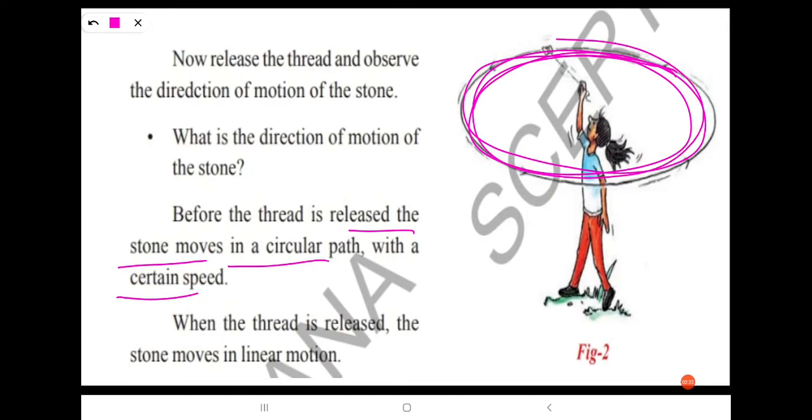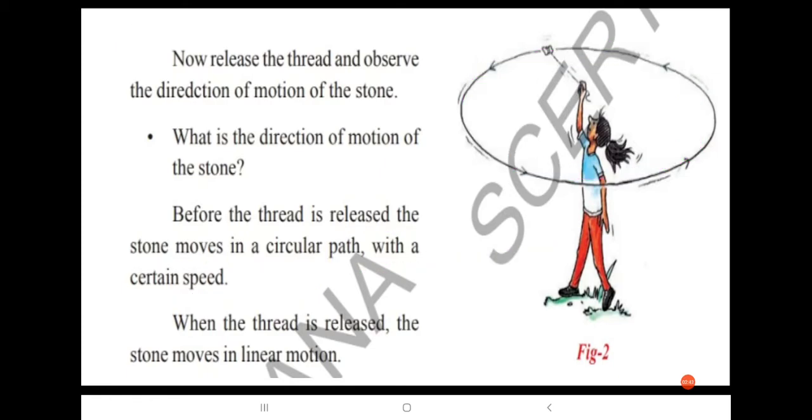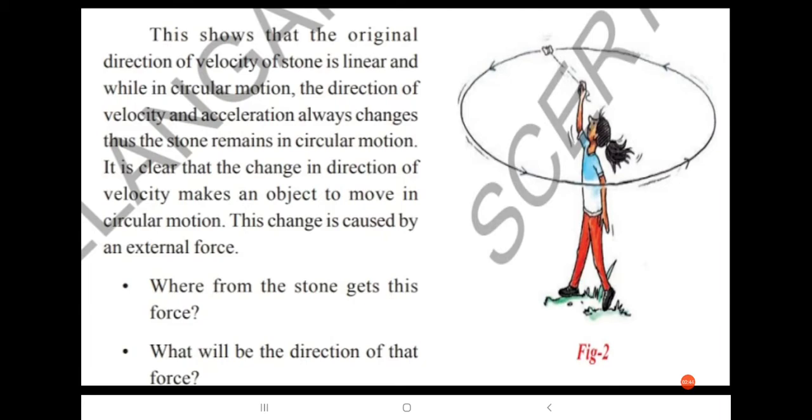When the thread is released, the stone moves in a linear path, that means linear motion. So this shows that the original direction of velocity of the stone is linear.